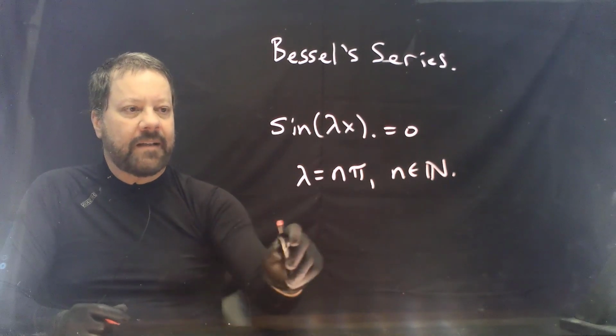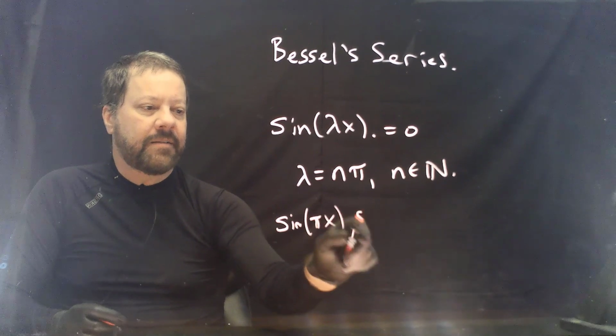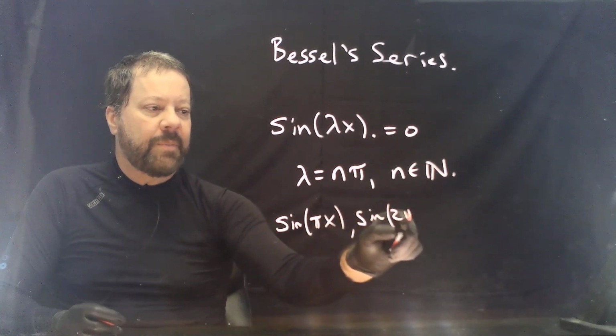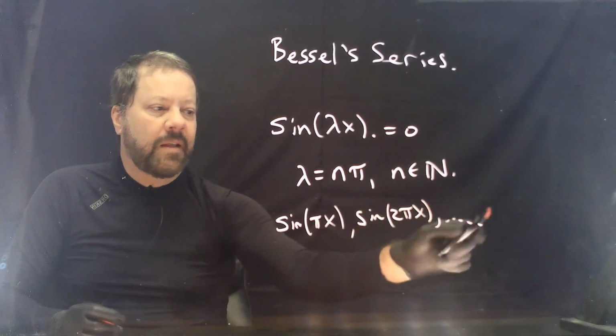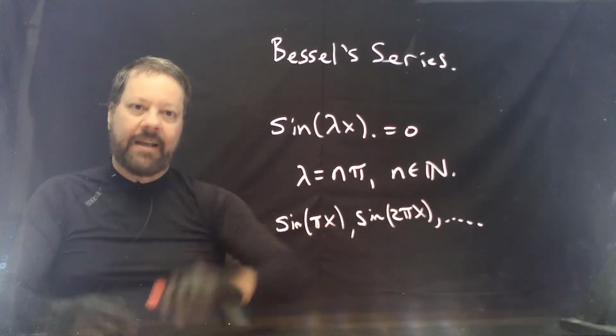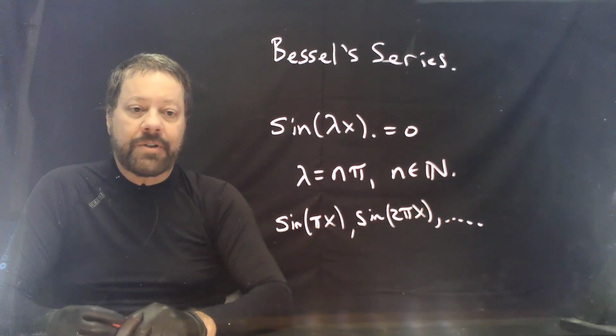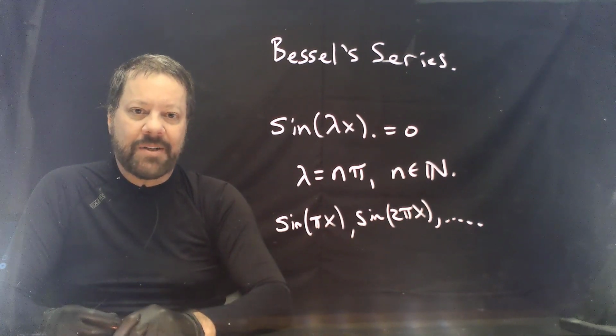And so we could collect sine of pi x, sine of 2 pi x, to yield a collection that ended up being linearly independent, and from which we could then construct solutions to our Fourier series problems for differential equations.